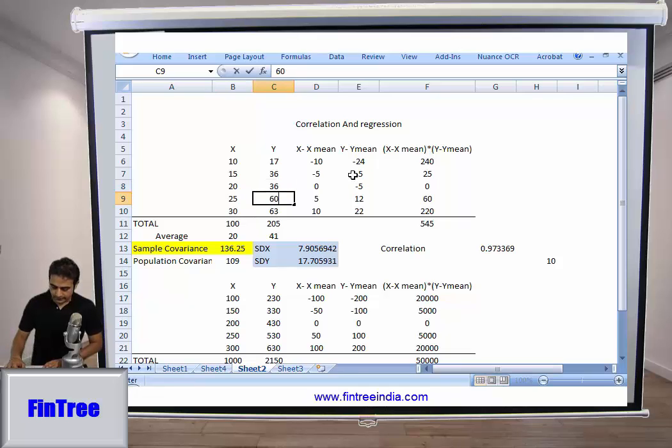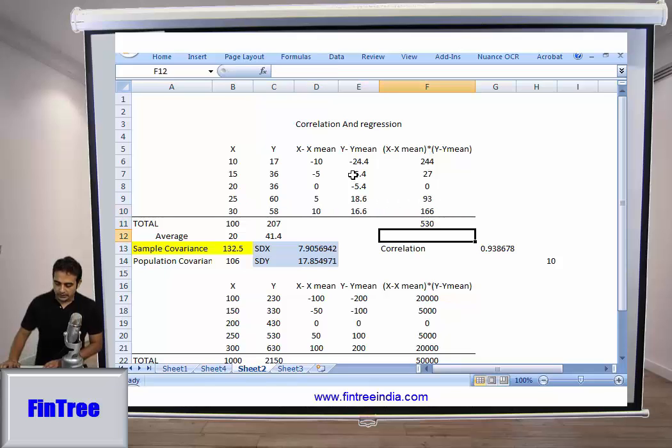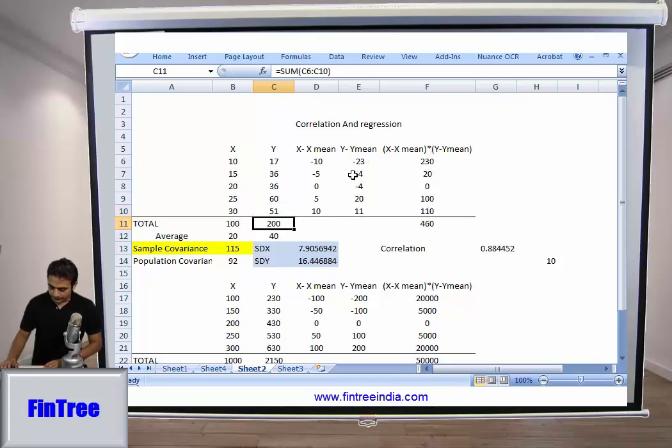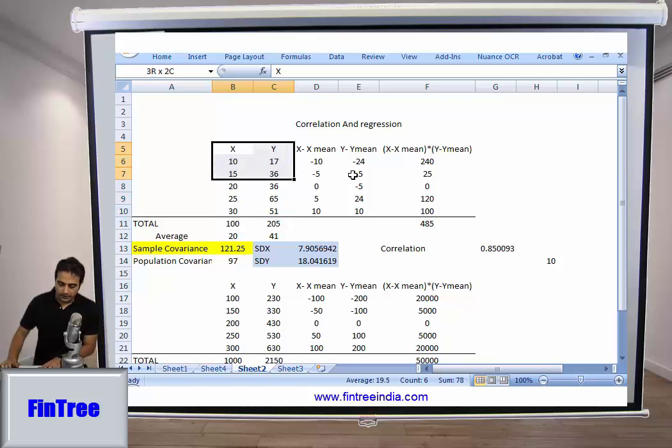This is 60, and let's keep this as about 58. So now we have revised values. In fact, r square shouldn't be so high, so let's keep this as 51 and this as 65. Now we have revised values of x and revised values of y.